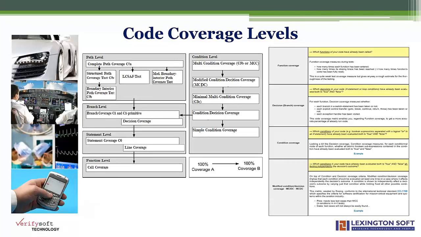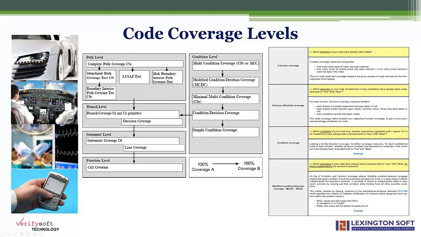Typically 100% function coverage is achieved when 100% of all the different functions are executed. This is a weak test coverage measure, but regardless, it gives you a rough estimate of the thoroughness of your testing. One level above is statement coverage.